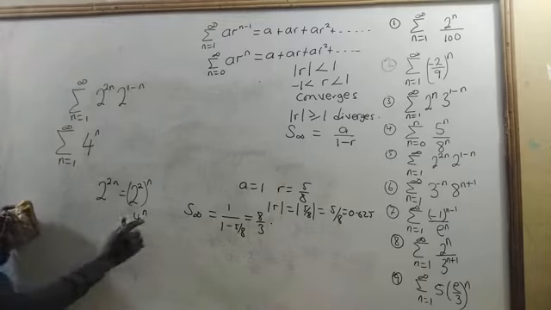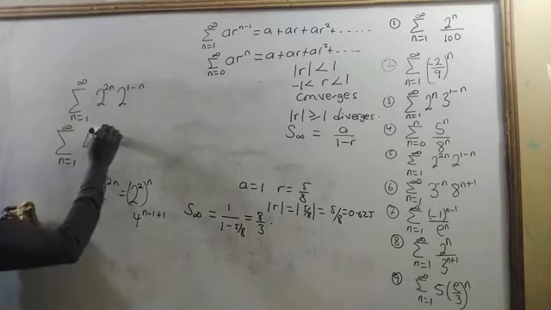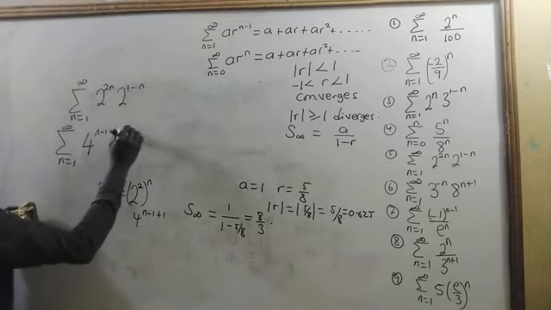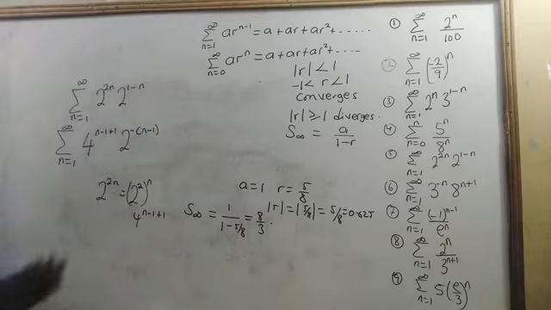And if I have 4 to the power n, I can subtract 1 and add 1. Minus 1 plus 1 is 0, as we've done before. So I can take minus 1 plus 1. And this one will be written as 2 exponent negative into bracket n minus 1, as we've done earlier in the other examples.